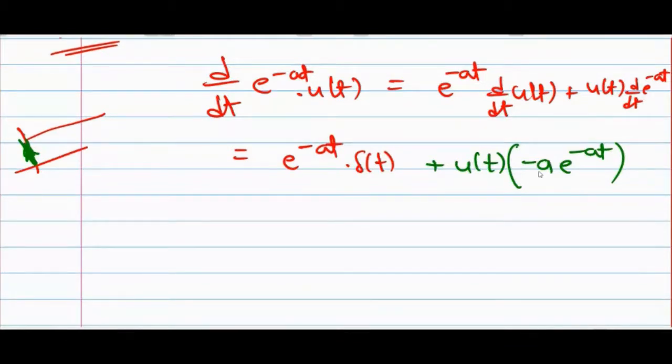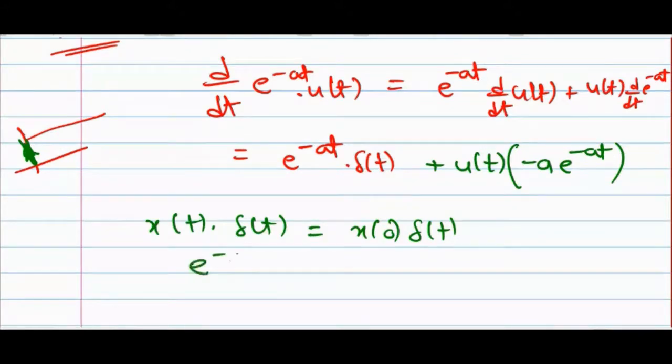Now you know that x of t into delta t is what? X of 0 delta t. So e raised to minus at into delta t is what? E raised to 0 into delta t.